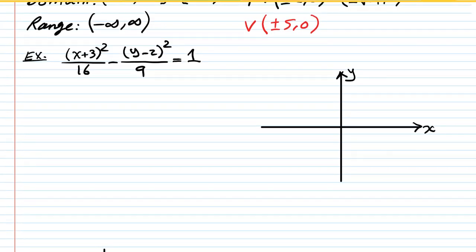Now, for this one, let's do everything that we did earlier. First of all, 16 is bigger than 9 and goes with x, so the transverse axis is horizontal. Now, I cannot start from 0, 0 because this one is off center, correct?